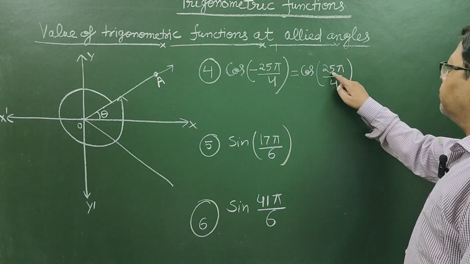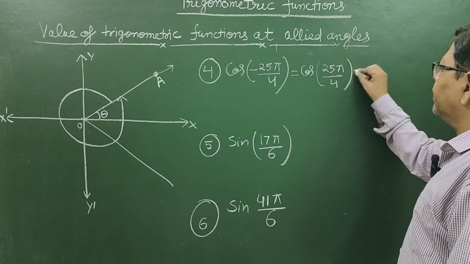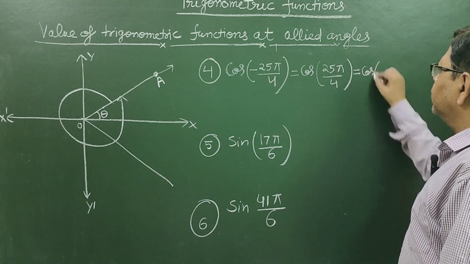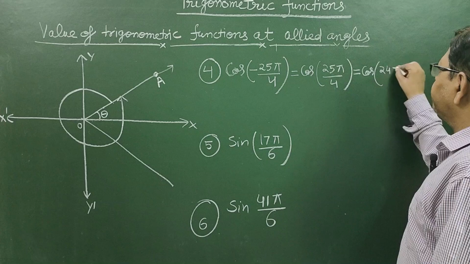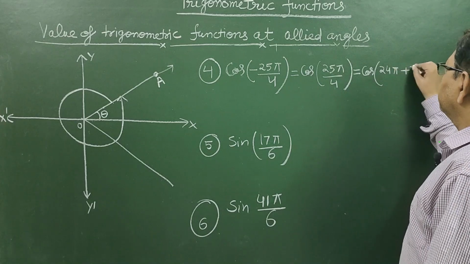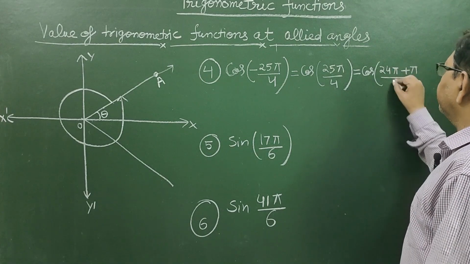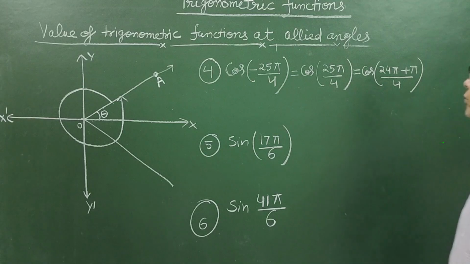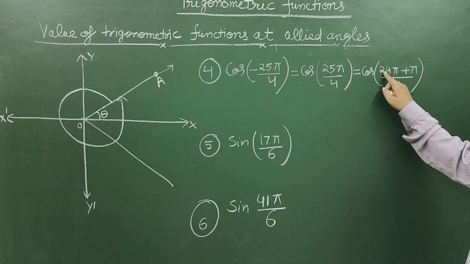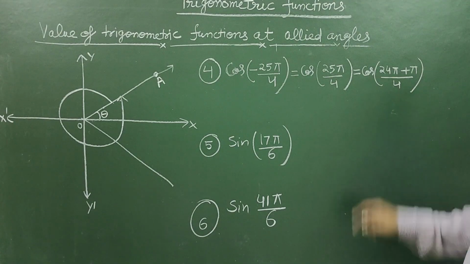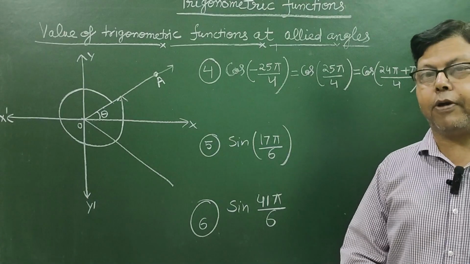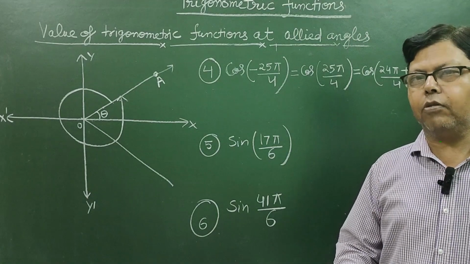So 25 pi I can write as 24 pi plus pi upon 4, because if I divide 24 by 4, I get 6, so 6 pi. 6 pi is a multiple of 2 pi.